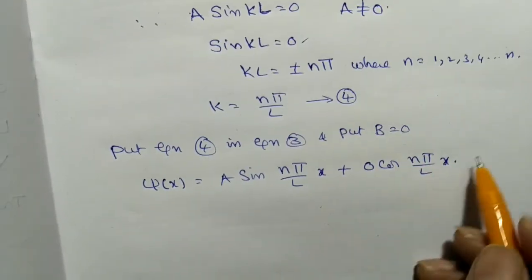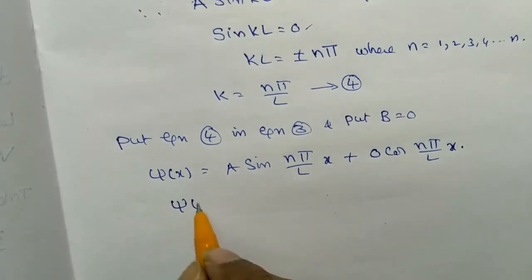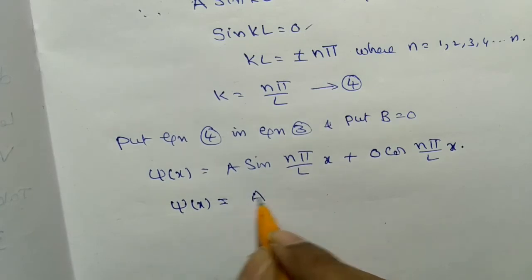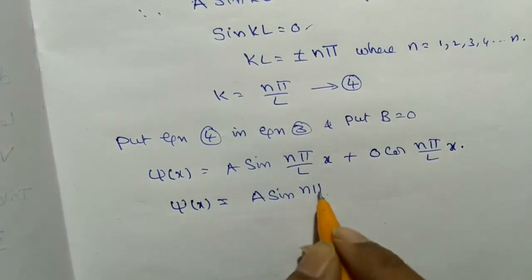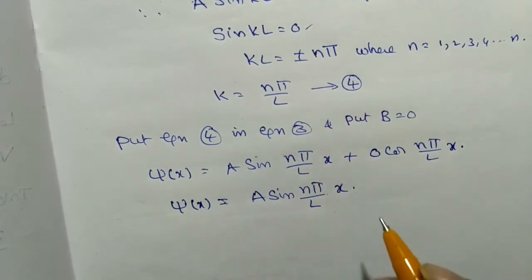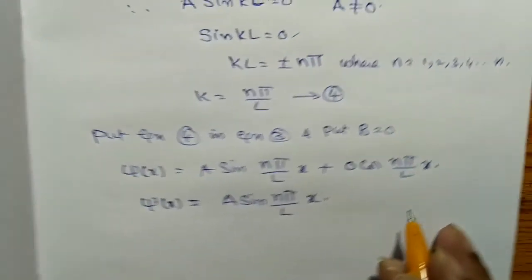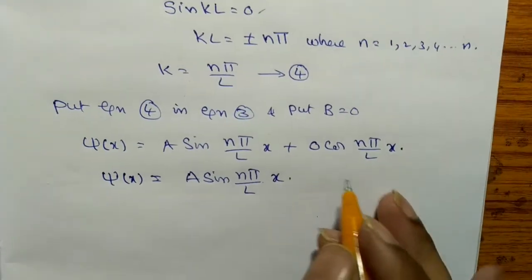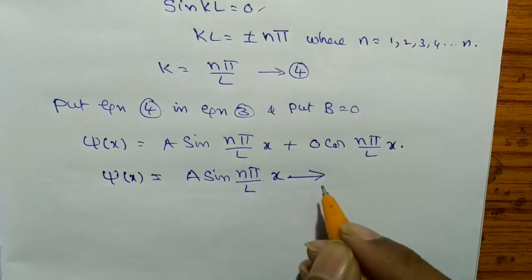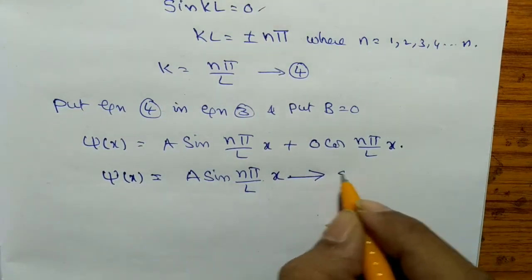This expression becomes 0. Then the wave function of the particle is psi of x equal to a sin n pi by L into x. This is equation number 5.